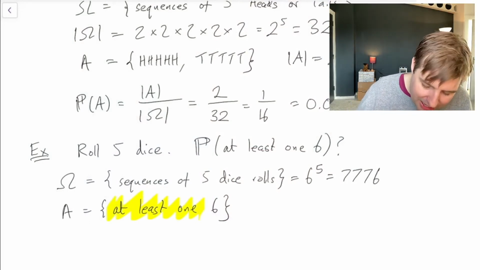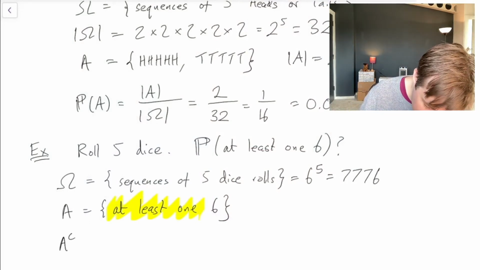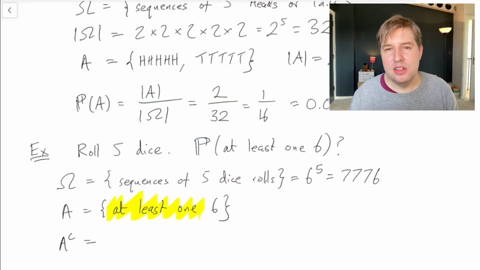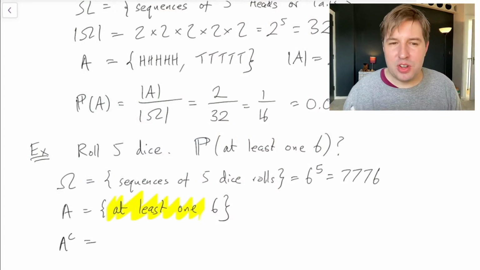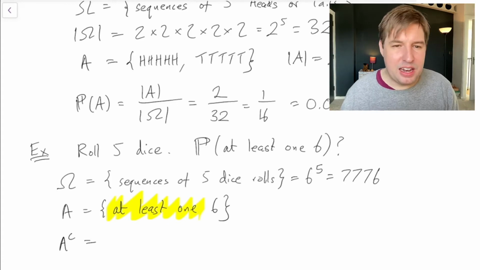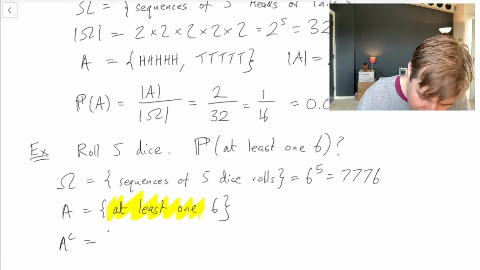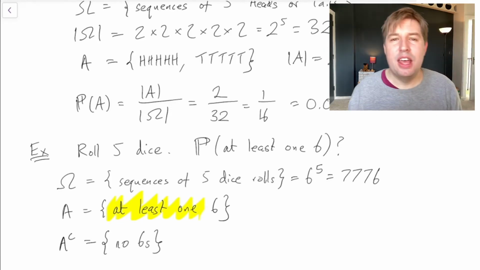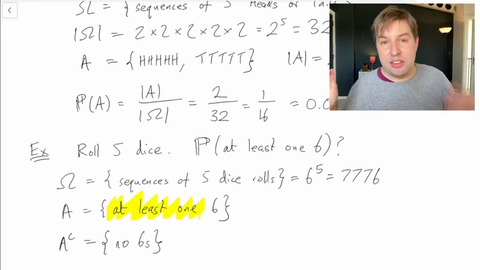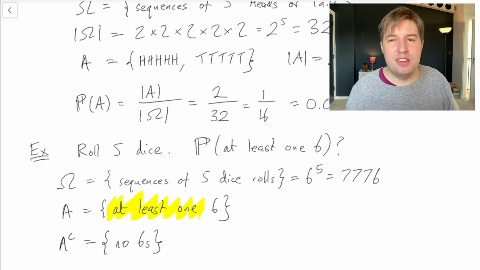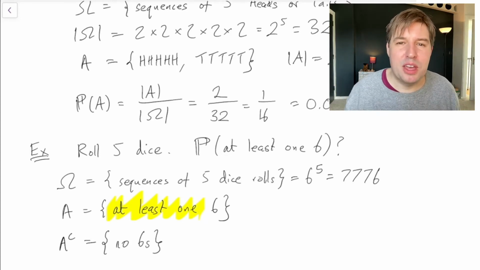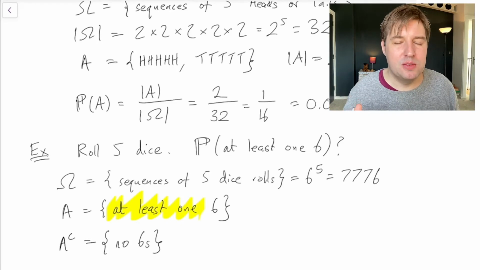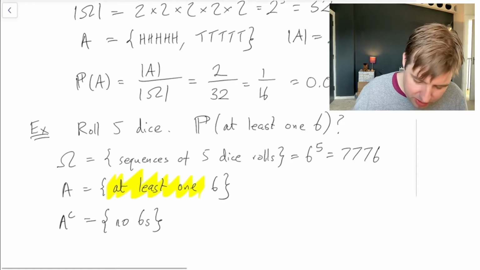So because we've got an at least 1 question, instead look at A complement, the probability that A doesn't happen. Because if it's not the case that we get at least one 6, that means we don't get any 6s, right? And it's normally the case that with these at least 1 questions the complementary event, that you get none, is easier to count. So there's a little tip that might help you out on problem sheets later. If you see an at least 1 question, look for the complementary event.